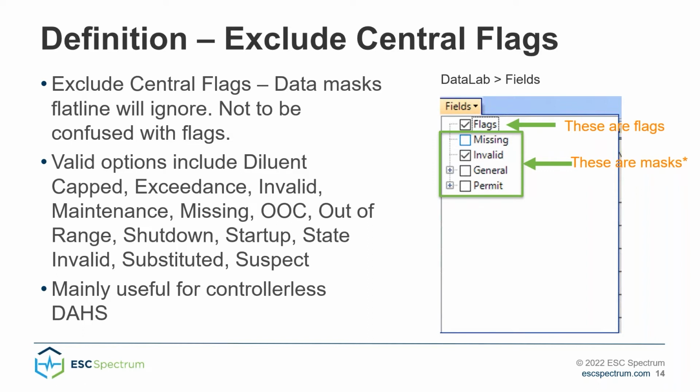There are some fields in here that are numeric, like reason and action codes, that aren't really a mask, but all of the ones in here that pop up with a column that either has a checkbox in the column for yes, it was missing or invalid, or no, it wasn't, are what we mean when we say masks or central flags, not to be confused with the data controller flags.